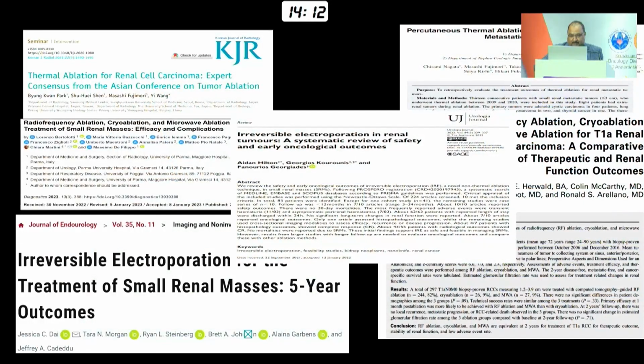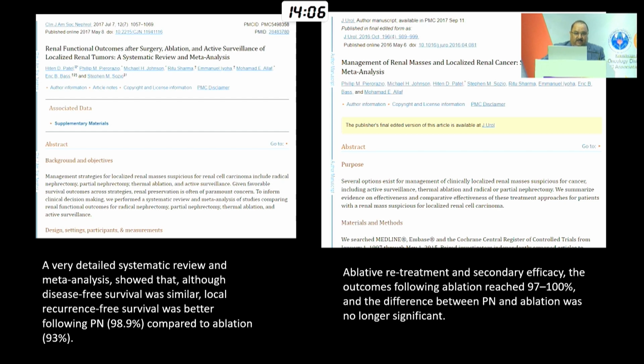Now the literature is flooded with so many reports. In the last 5 years, you see more than 200 reports of different series, small and large, proving the efficacy and safety of ablative therapies in kidneys, especially with small renal masses.